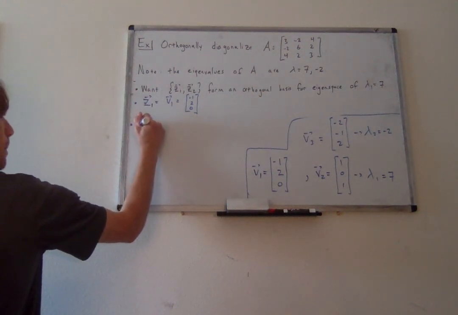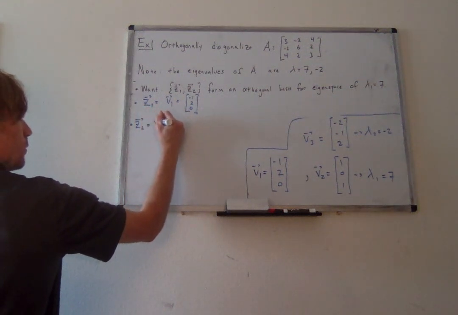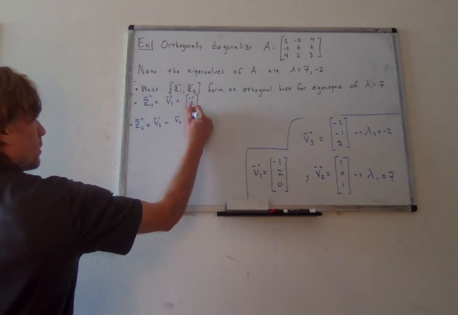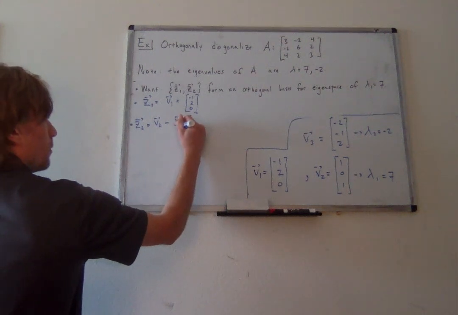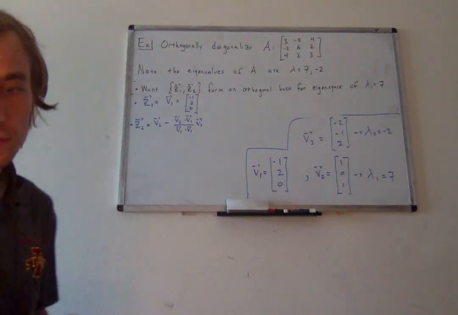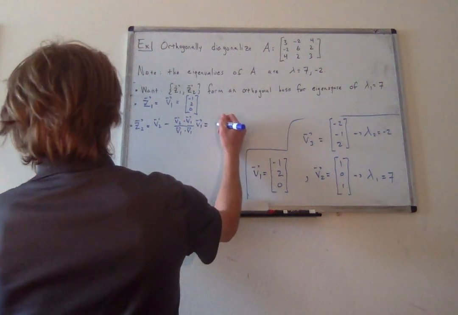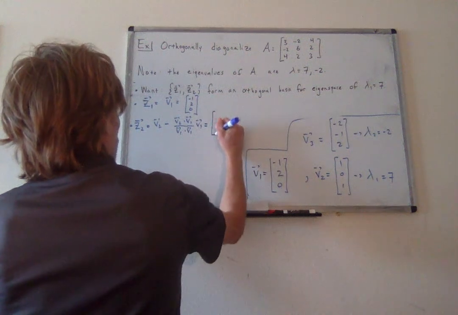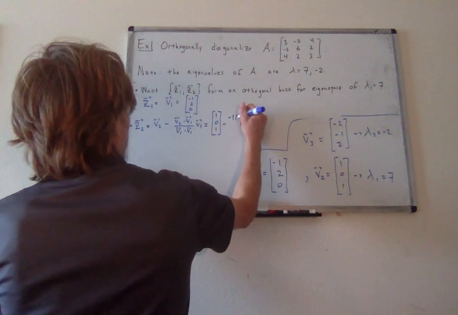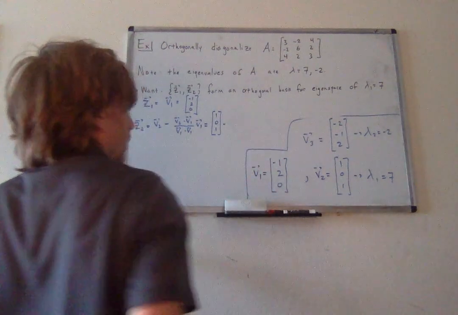z2 is equal to v2 minus v2 dot v1 over v1 dot v1 times v1. And so doing this, I got v2, which is 1, 0, 1, minus... oh, I did it a little differently than my work.